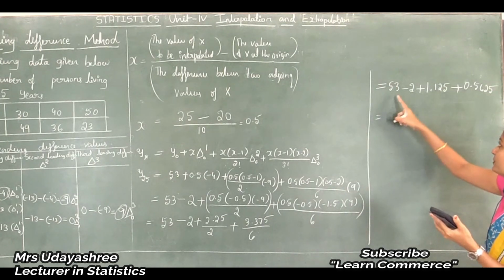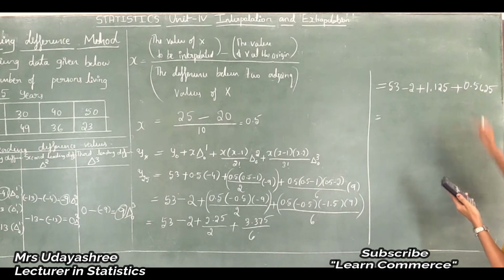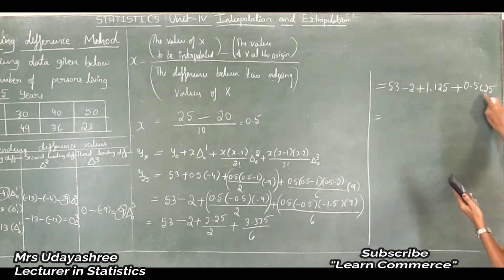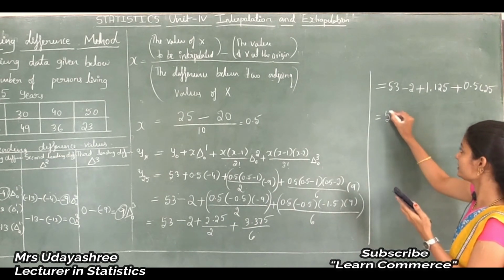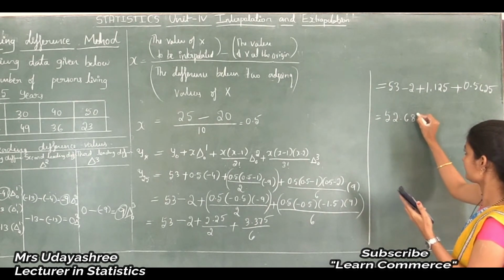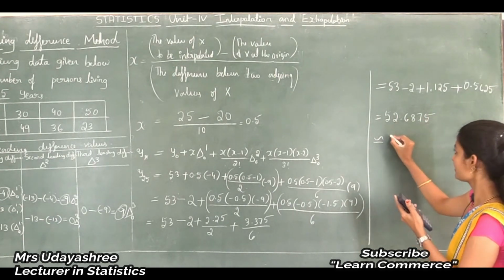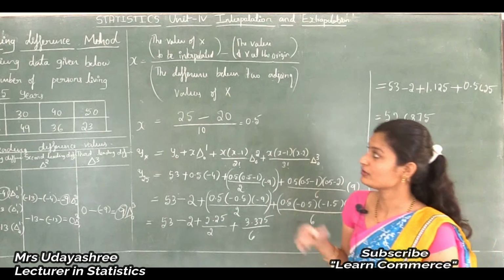This is equal to 53 minus 2, that is 51; 51 plus 1.125 is 52.125, plus 0.5625 is 52.6875. Here I will take the approximate value. This is approximately 53. This is the interpolated value. This is all about the first problem.